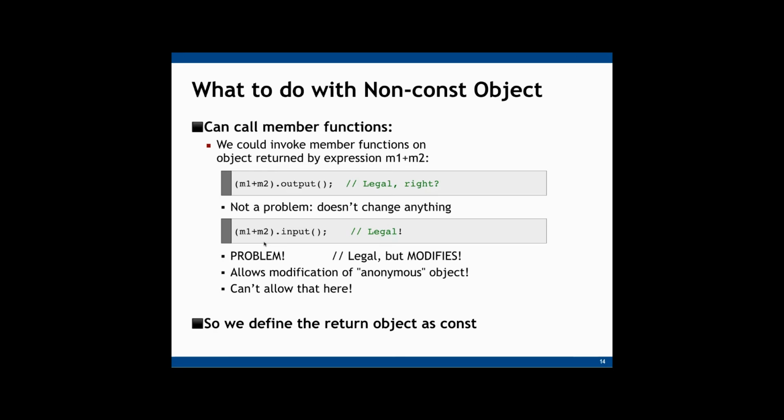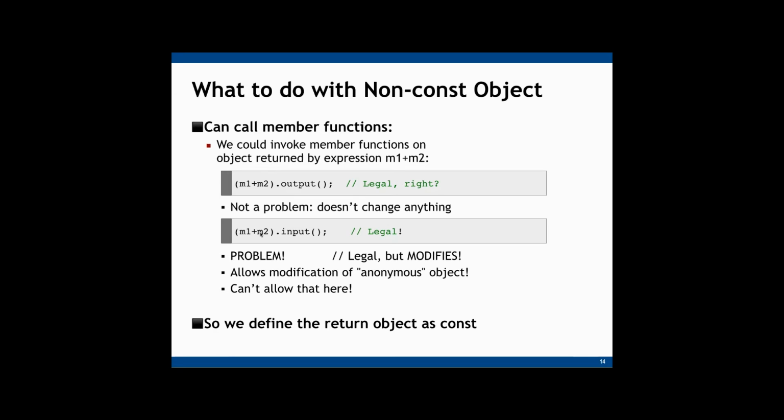Changing the anonymous objects looks very strange, even though this is legal. Even though changing the anonymous objects does not cause critical problems in this example, it's just strange. You're changing these objects.